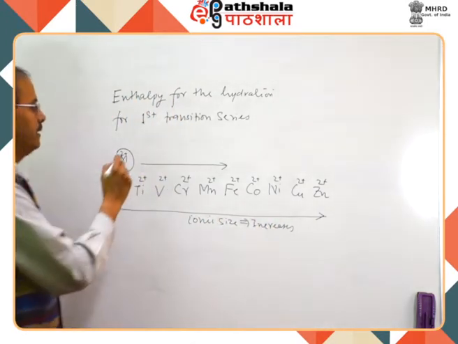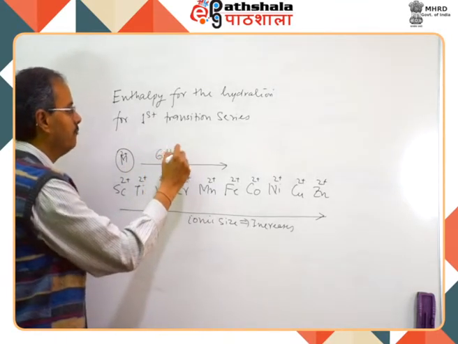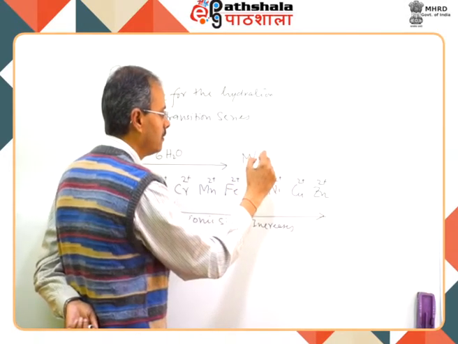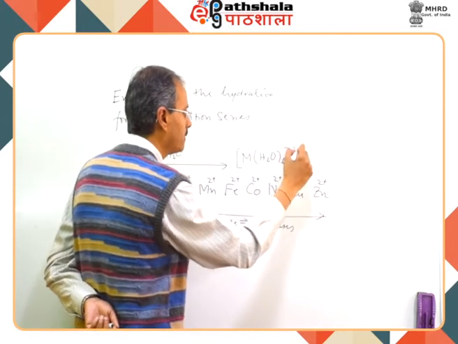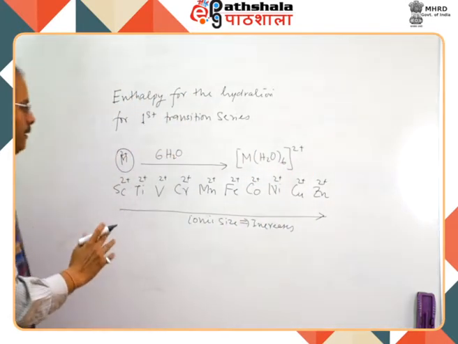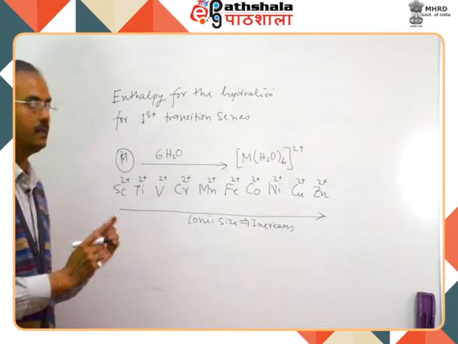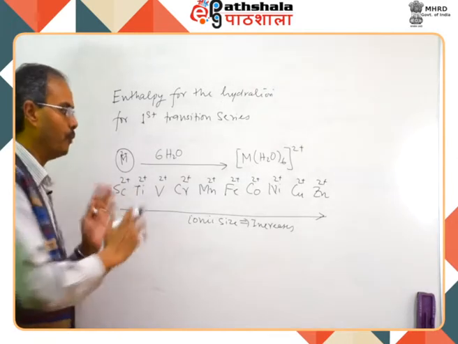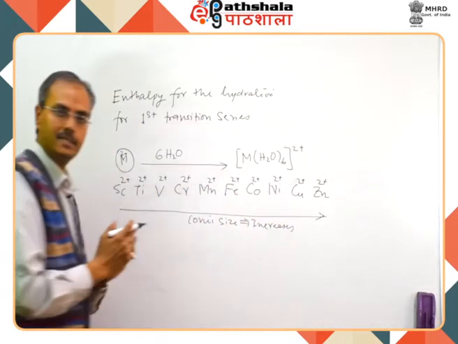That means if these metal ions form a bond with 6 water molecules to form a species of this type, when we move from scandium, titanium all the way to zinc, the enthalpy should actually increase more and more as we move more and more towards the right side of the series.